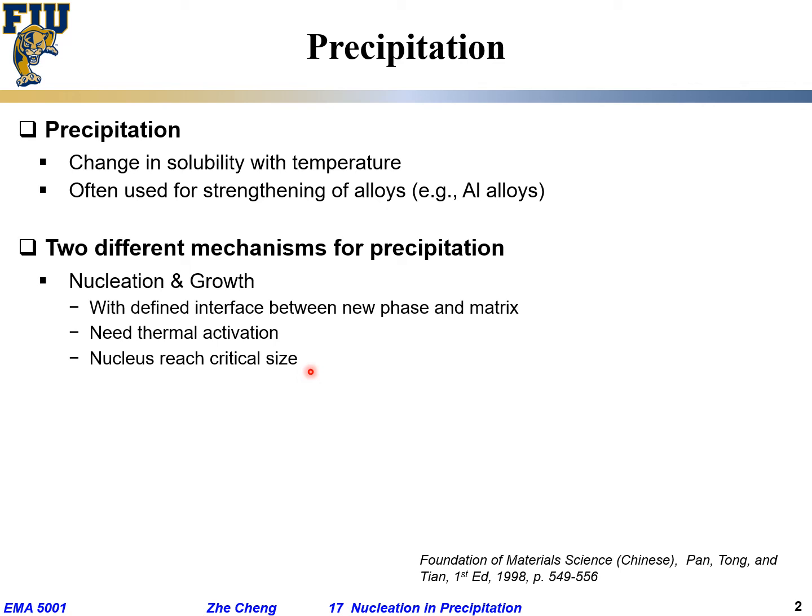It is only after the local cluster size reaches the critical size that the growth from that point becomes spontaneous, a downhill process.